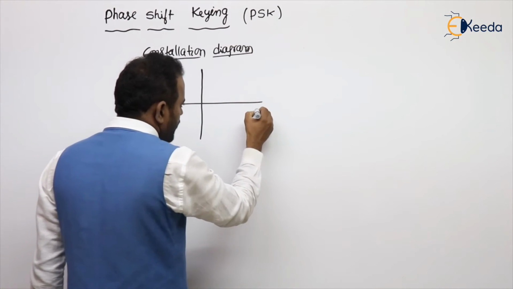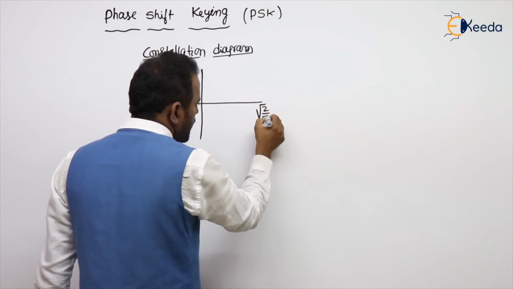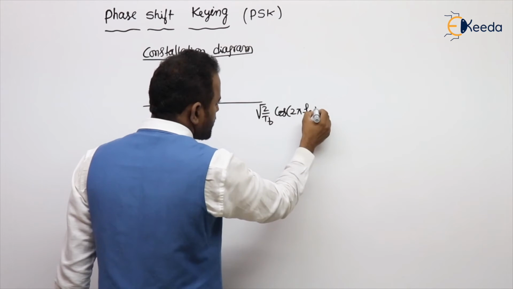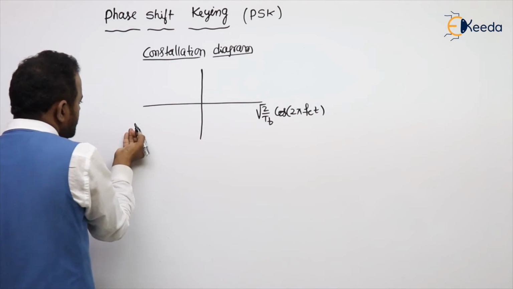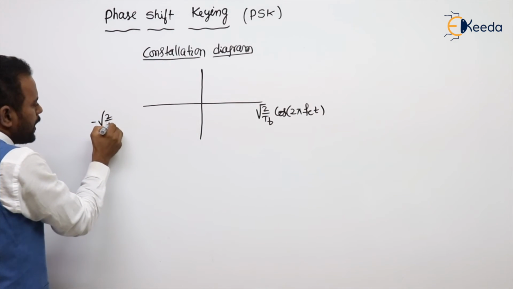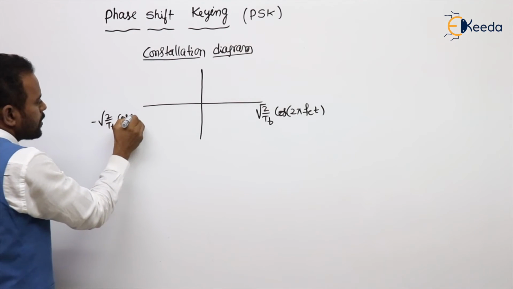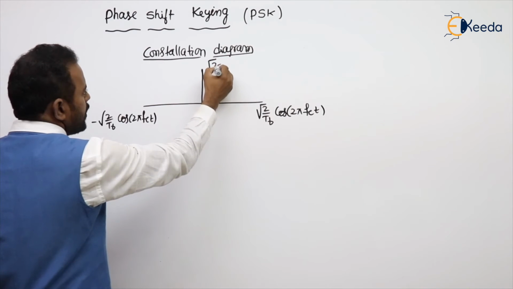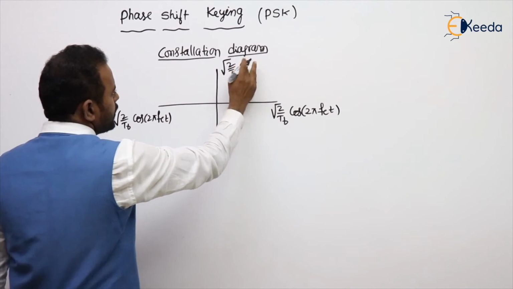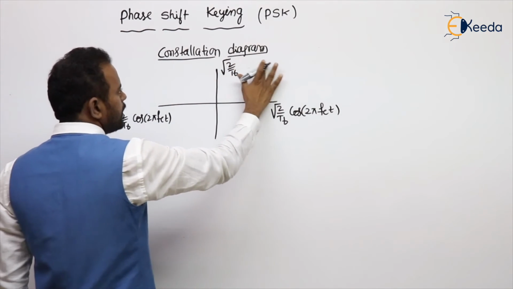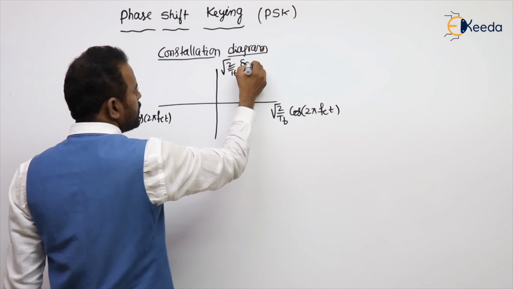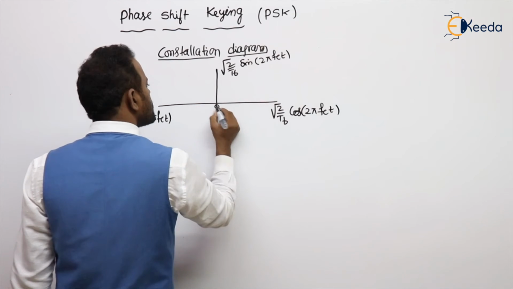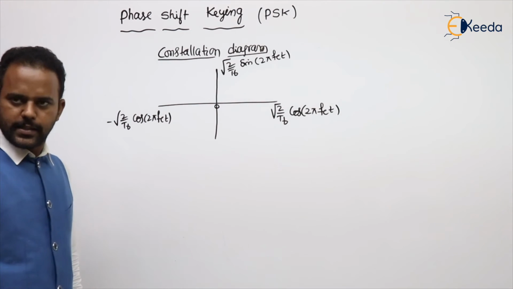The reference axis is root 2 by Tb into cos 2 pi fct. Obviously, this side will be negative, minus root 2 by Tb into cos 2 pi fct. The 90 degree phase axis is root 2 by Tb into sin 2 pi fct, and this side is obviously negative.